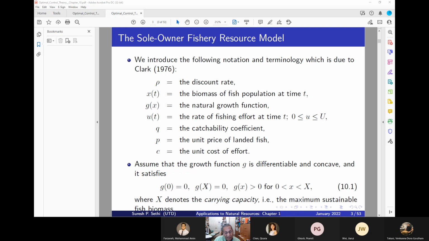There's some X at which the growth is 0. So the growth function goes from 0, goes up, and then goes down like that. So G(x) is bigger than 0 between 0 and X bar. And X bar is called carrying capacity in the literature, and it is the maximum sustainable fish biomass.